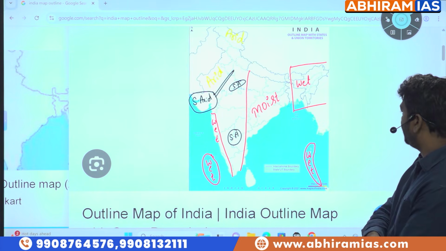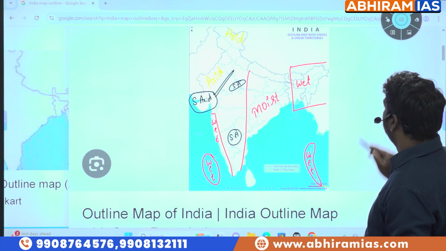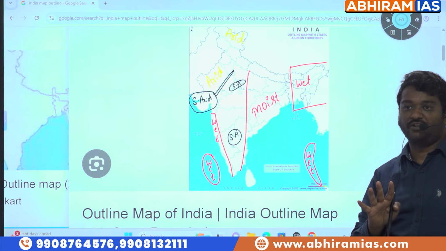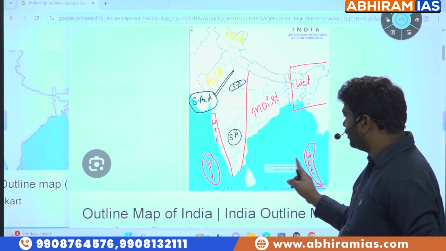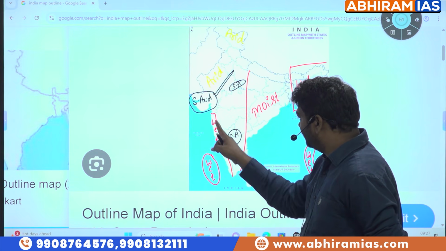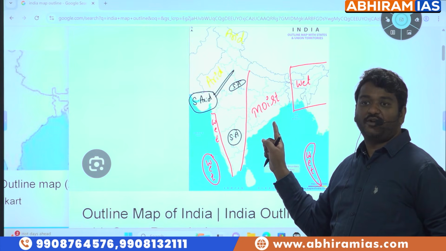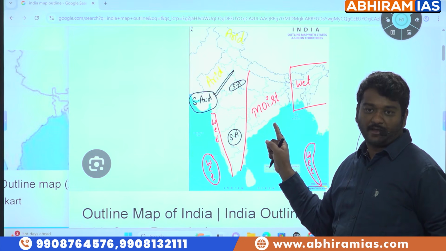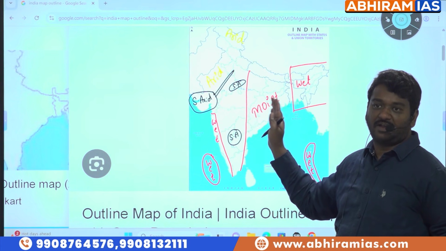Okay, can you try once? What are all the regions we are seeing? First, wet, 4 regions. What are the 4 regions of wet? Andaman and Nicobar, Lakshadweep, west coast of India, northeast India. Which area do you consider for moist? Prayagraj, eastern side of Prayagraj.